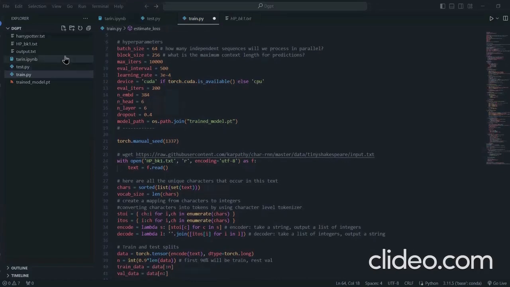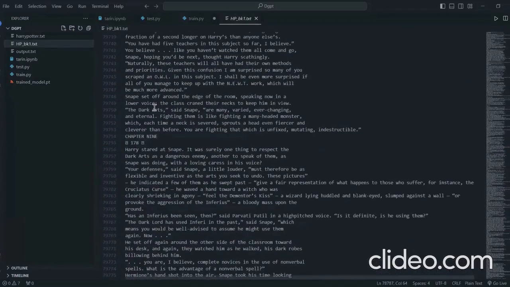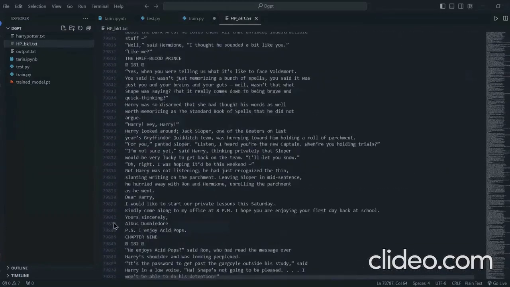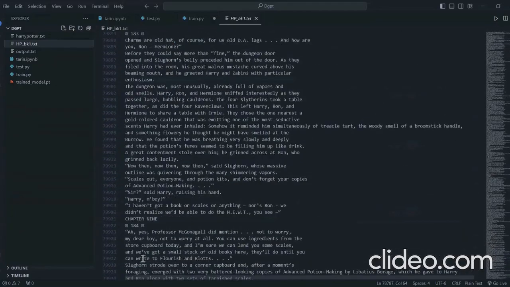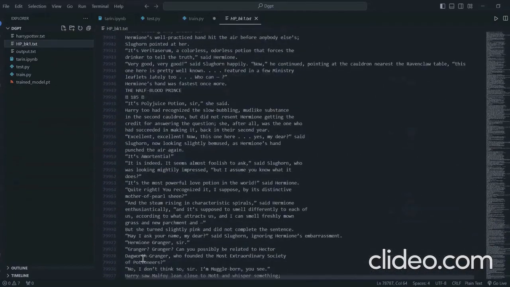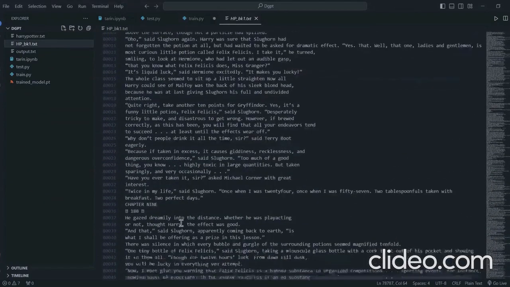Now let's just talk about our data. We took entire 7 volumes of Harry Potter as the text data for this. As you can see, these are all the 7 volumes of Harry Potter we accumulated. It combined around almost 1 lakh lines of text.